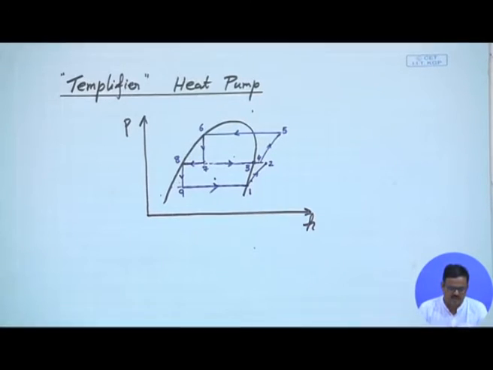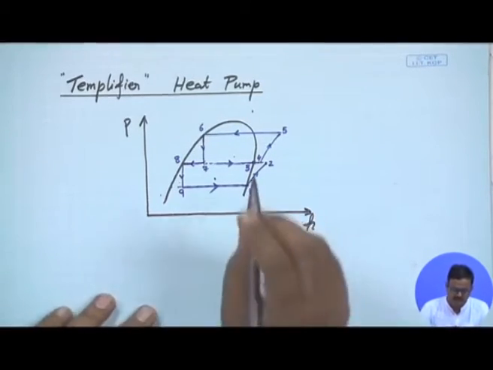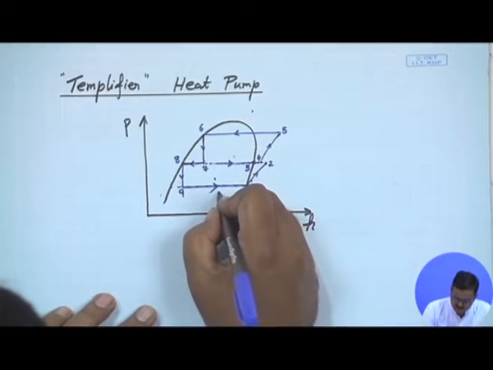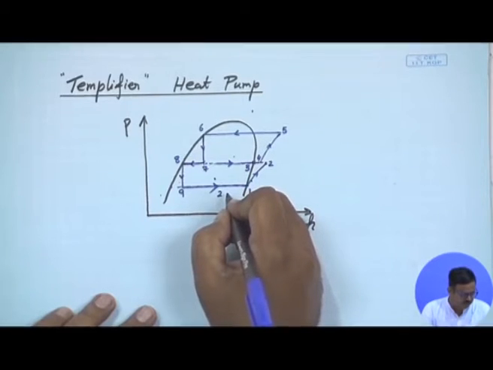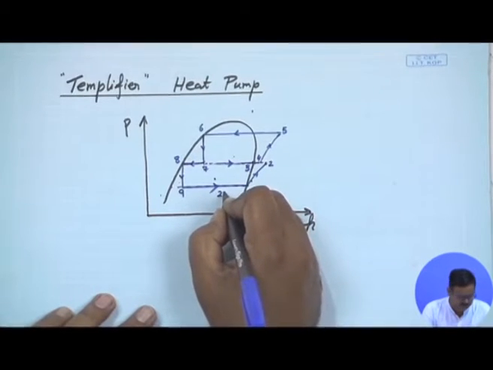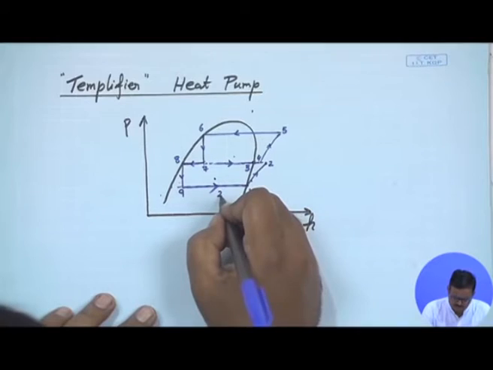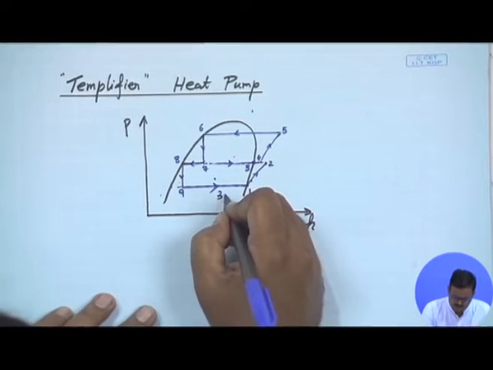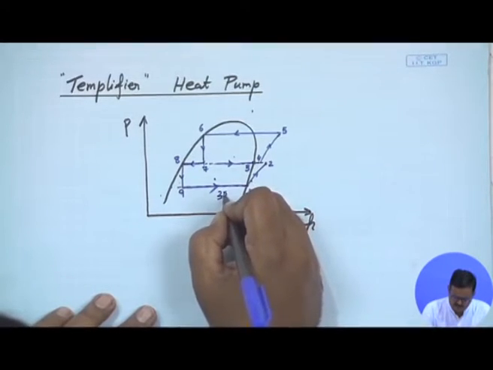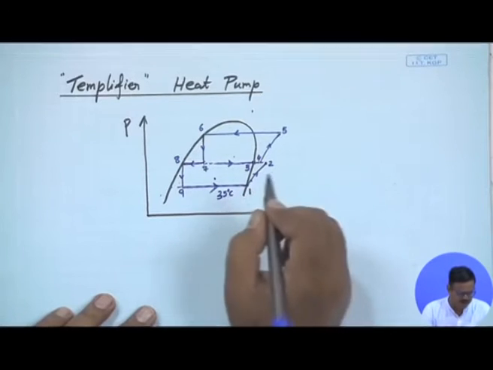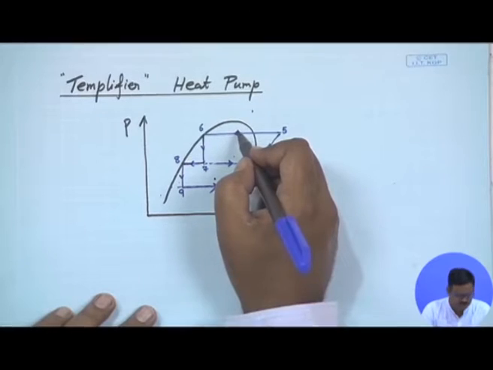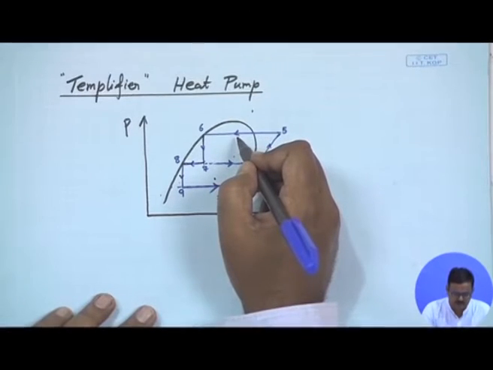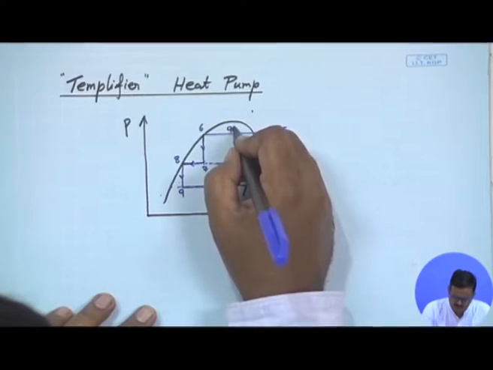So, the two stage compression is required because in the Templifier unit the temperatures that we have are, at the evaporator over here, around I believe 35 degrees, and over here the temperature, because it is giving up heat, is almost about 90 degrees or so.